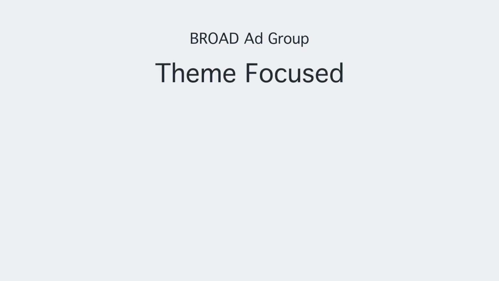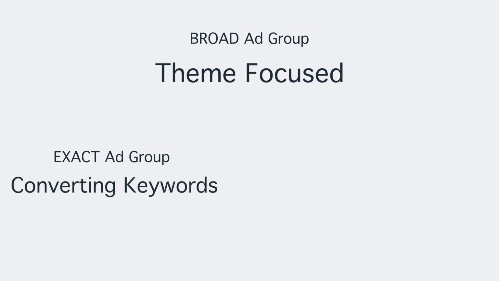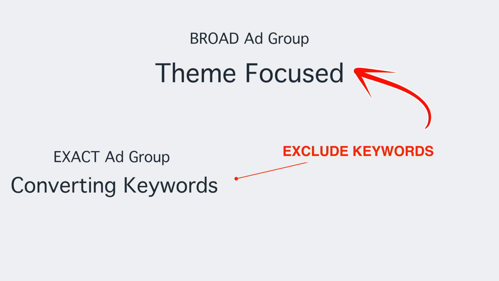Okay, so you have a broad ad group with as many keywords as you can around that theme. Then you take your exact ad group in the same campaign, have your exact keywords which are converting, and exclude those exact keywords from the broad ad group.